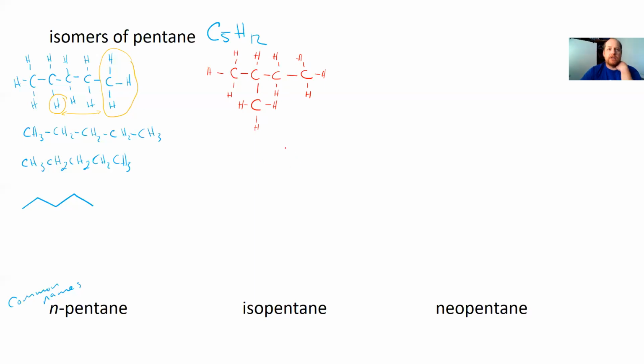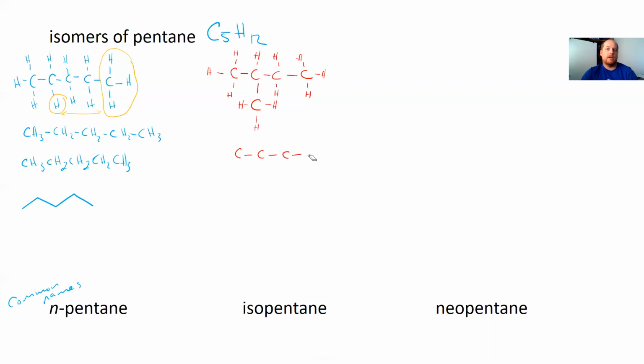Now, I want to point out something to you before we go on and look at the other structures. This molecule, because remember, the Lewis structure doesn't tell us anything other than how the atoms are connected. This structure here is actually the same as if we draw it out like this. My computer is being really slow right now.